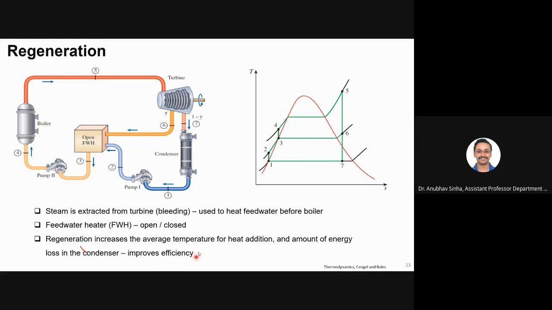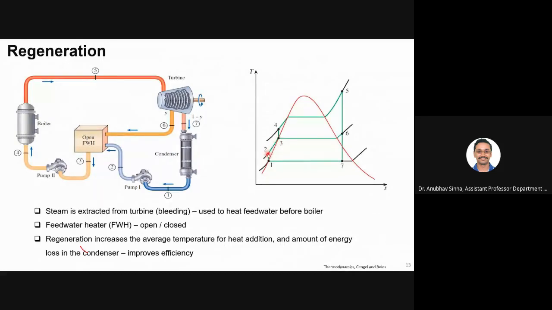Now let us see what this feed water heater is doing. Let us say you start from 1, you go to 2. After 2, if you follow the regular or normal cycle, we will end up at 3, which is your heating process. We should have followed this path.